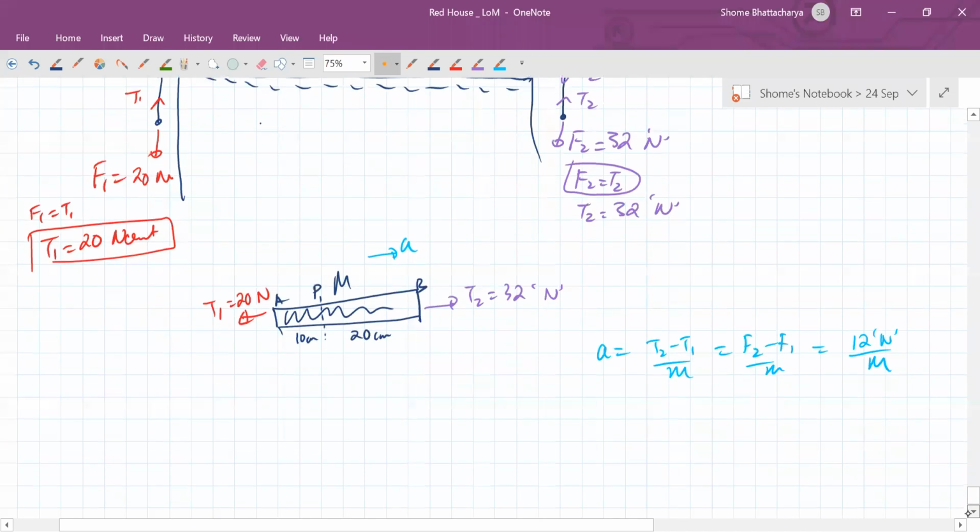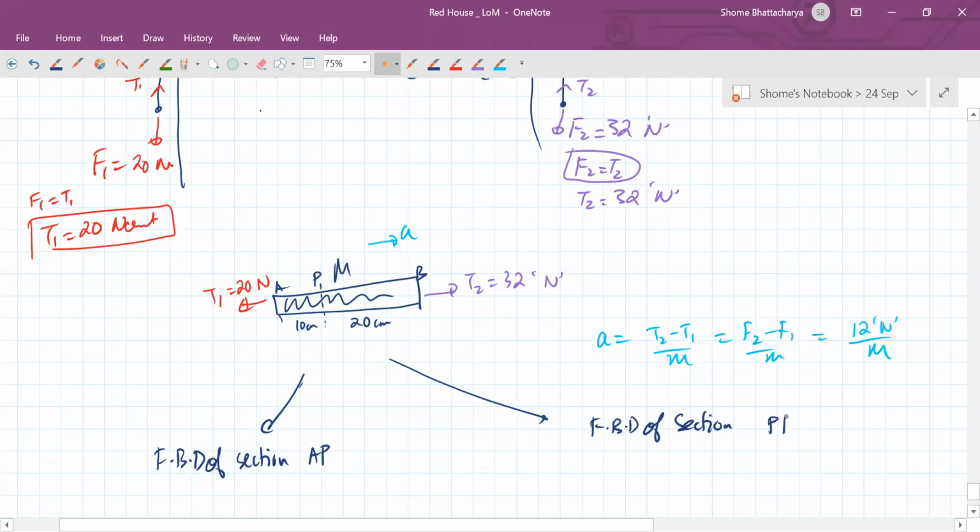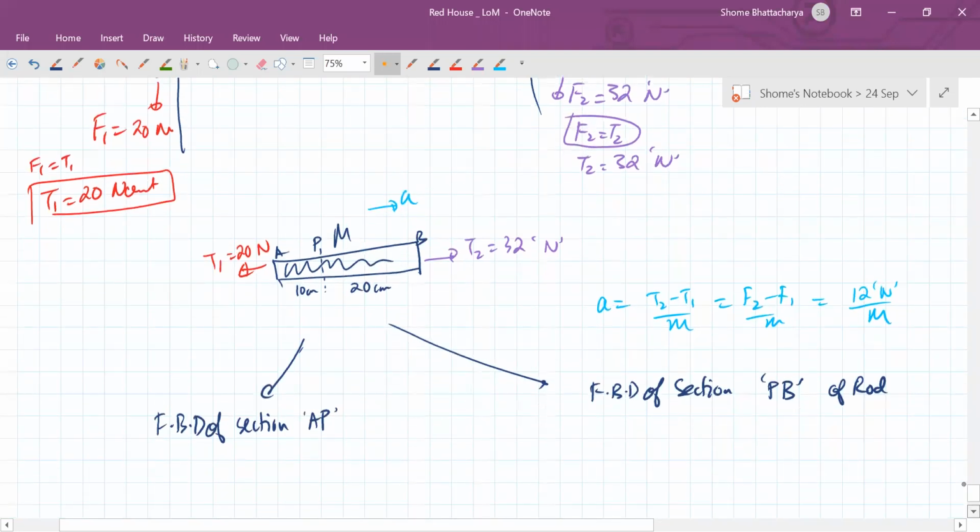Now next what you do is you make free body diagram of the section AP, or you can make the free body diagram of the section PB of the rod. This. So this is the best way to calculate the tension at that point.